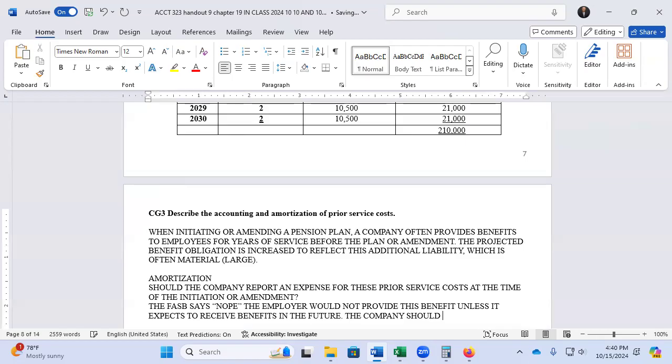Company should not recognize retroactive benefits in the year of the amendment.